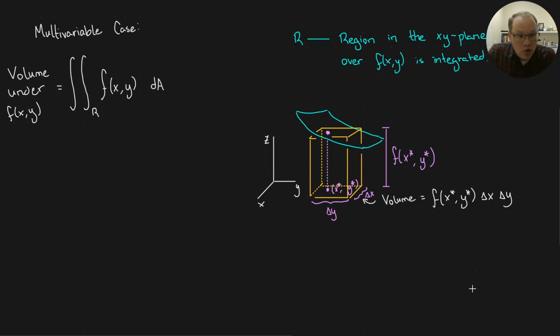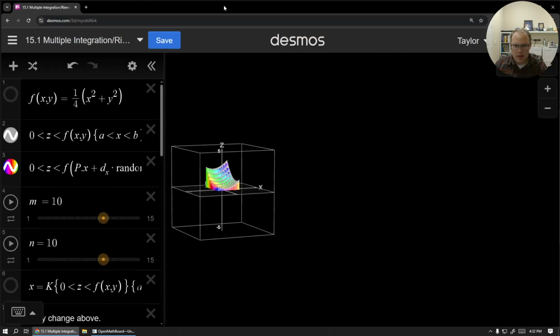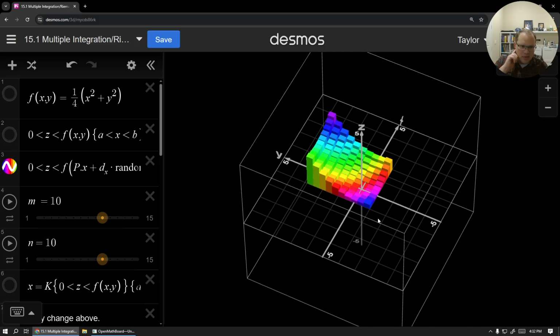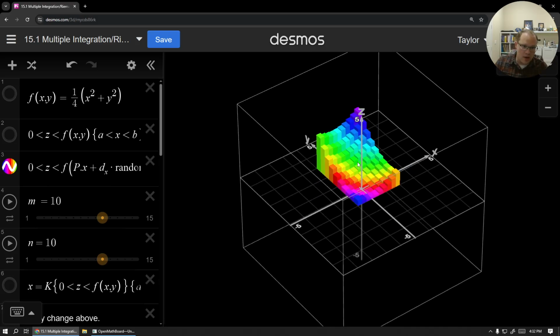Now, that's the volume for one rectangle. We want to find the volume for all the rectangles put together. We want to add them all together. So I'm actually going to need to add in two directions, because if we look at this, we see that the rectangles go in two directions.